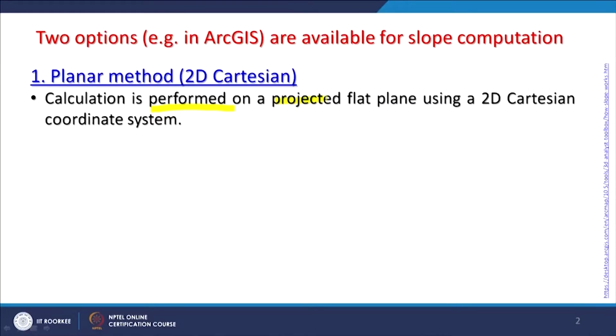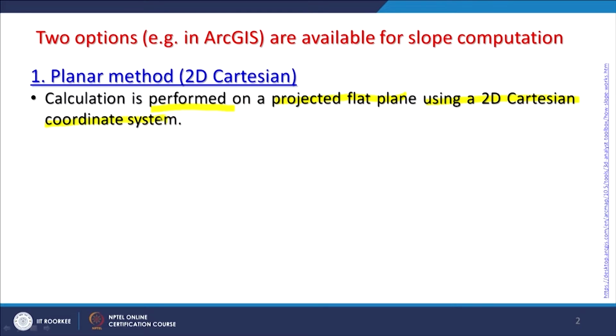The first option, which is the default, is the planar method, which we have also briefly touched on in the previous discussion. It performs the calculation on a projected flat plane using a 2D Cartesian coordinate system.